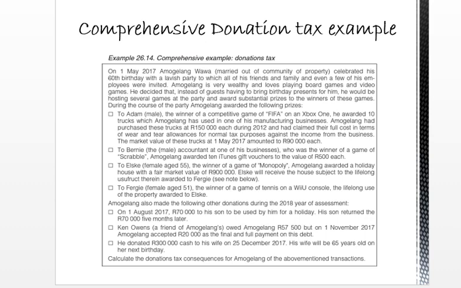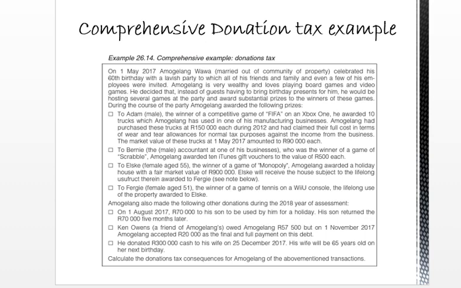Amogelang is very wealthy and loves playing board games and video games. He decided that instead of guests having to bring birthday presents for him, he would be hosting several games at the party and award substantial prizes to the winners of these games.